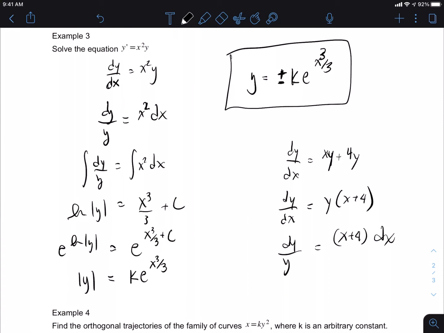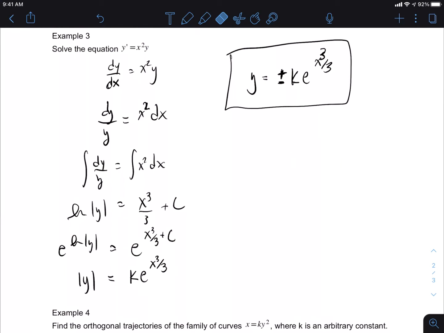Does that make sense? Yeah, thank you. Separability in this section is going to be right away. All right. So the next thing that we're going to talk about is actually pretty interesting.